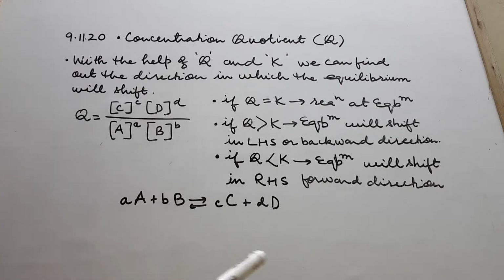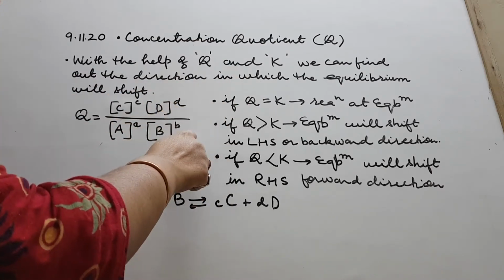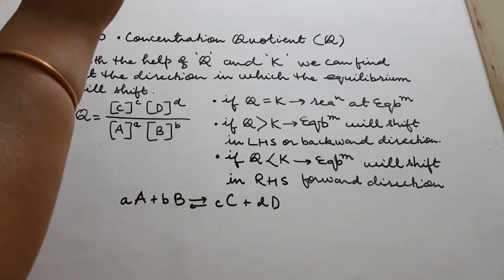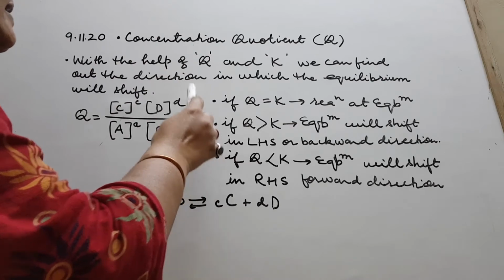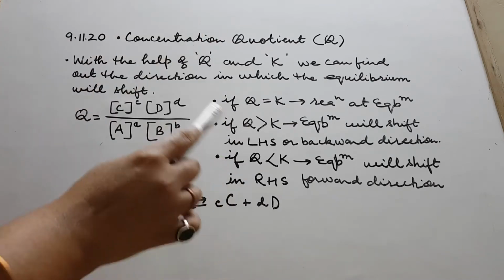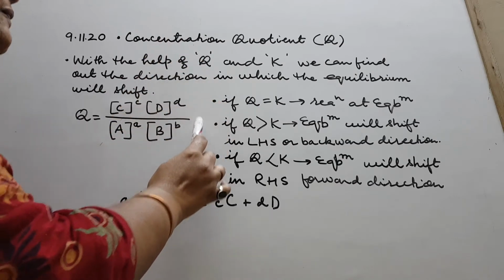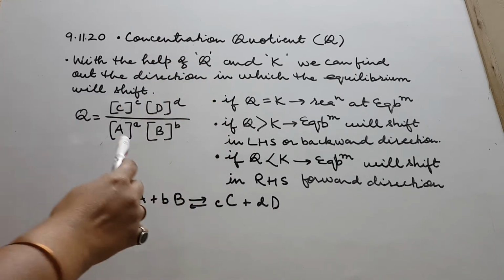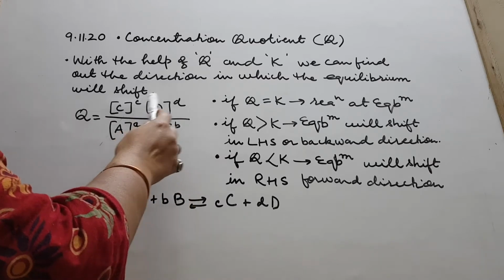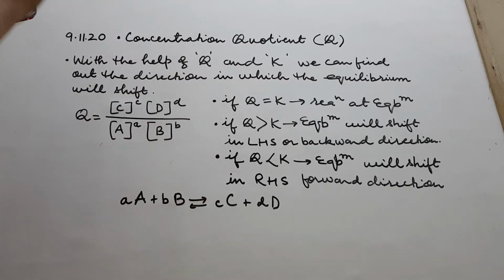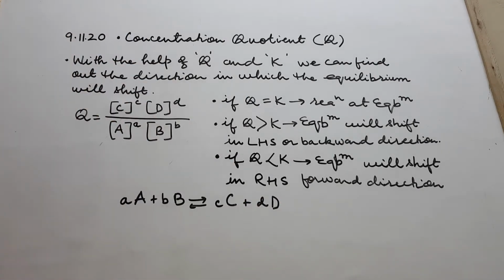The difference is that used to be the ratio of these concentrations which are written here at equilibrium only. Whatever was the concentration of the products and reactants at equilibrium, their ratio. Here it is simply the ratio of the concentrations of product to that of reactant with their stoichiometric coefficients in the very same manner, but children, it is at any point of time.